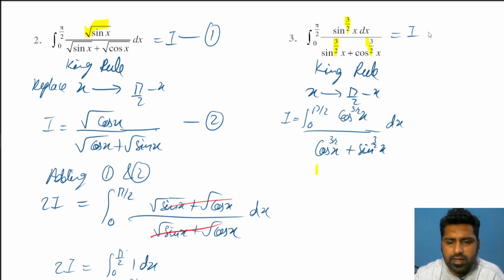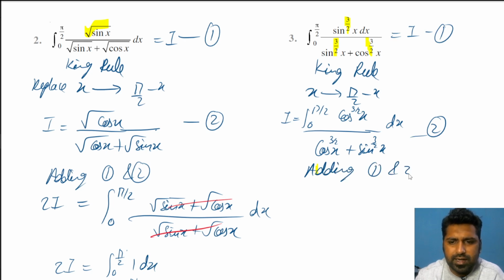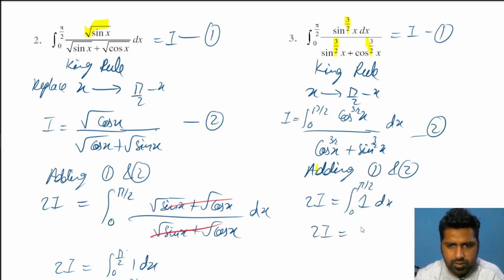Again, this is also I. Call this the first, call this the second. Adding 1 and 2, you get the idea now. 2I is equal to, numerator and denominator will be exactly the same, 0 to pi by 2, so they cancel each other. So 2I is equal to pi by 2, I is pi by 4.